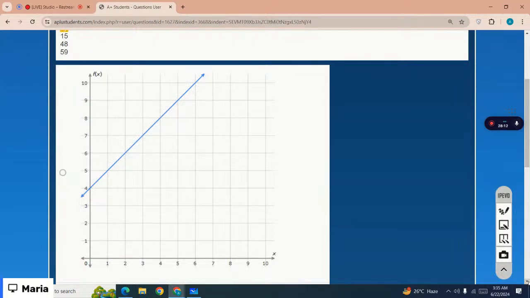Just look at the first graph, then we will look at the second graph. Yes, option number one is the correct option, right?